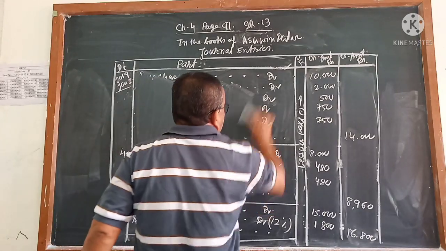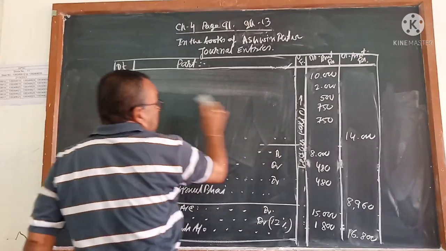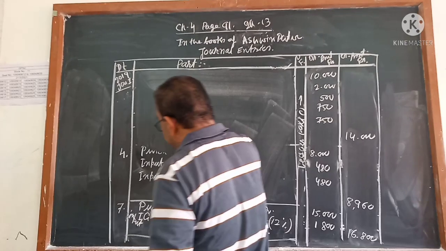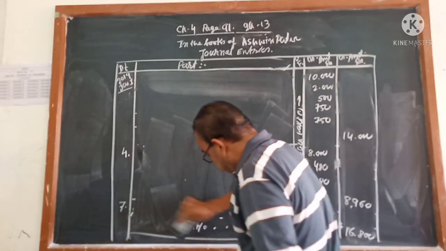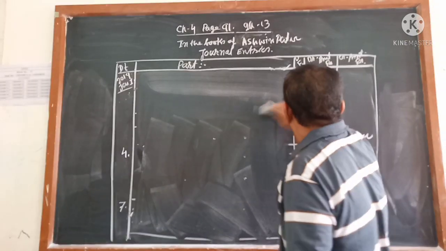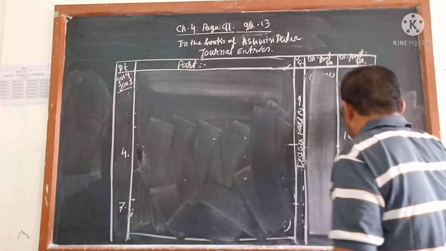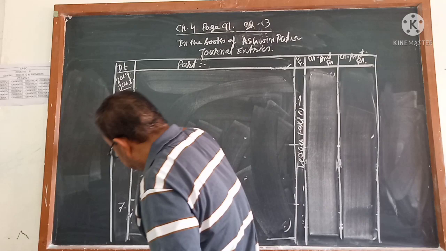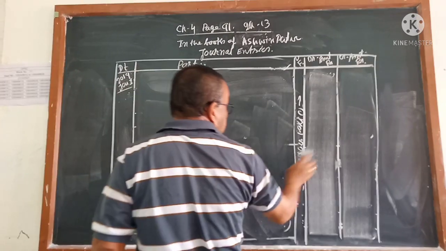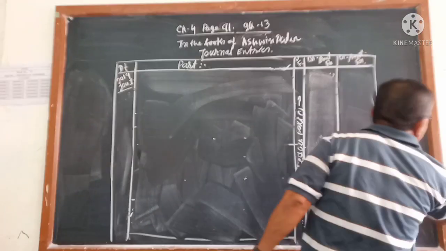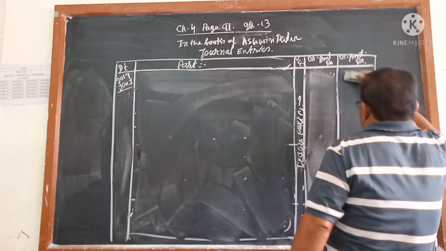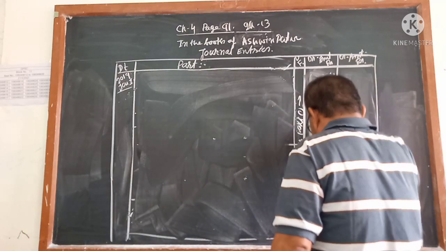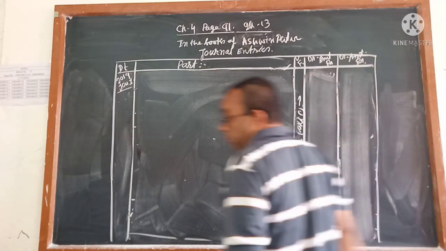The formula I told, if you remember, I think you will not have any problem. But GST related sums will come, that you keep in mind. You will get GST related questions, so you have to understand the meaning of GST, how it is calculated, everything you have to understand.